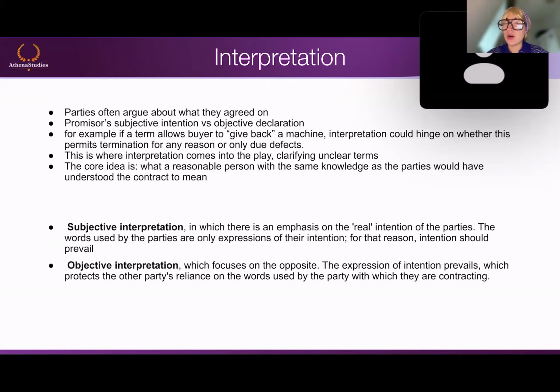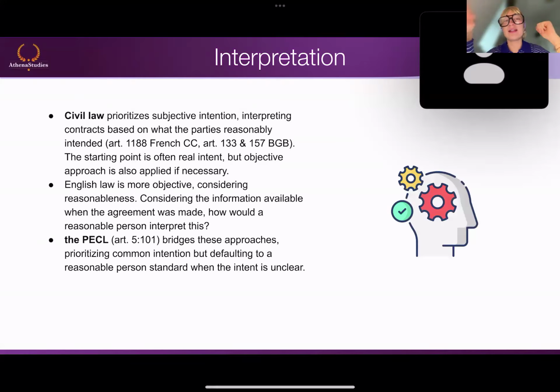And now we apply it to the countries that we study. So we have civil law and common law. Civil law loves subjective interpretation, sorry, not interpretation, intention. Civil law is all about intention, really emphasizes it, and says that we interpret the contracts based on what we think you actually meant, also in the reasonable sense, of course.